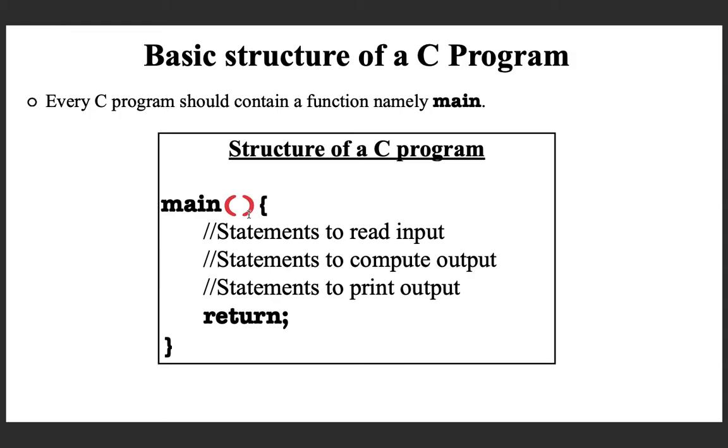Later when we discuss functions, we can see what arguments are. And the function body is included within curly braces. And here you are going to have a return statement. This particular function is supposed to return an integer, but nothing is returned. What is a return statement and why you need it, you can see later.